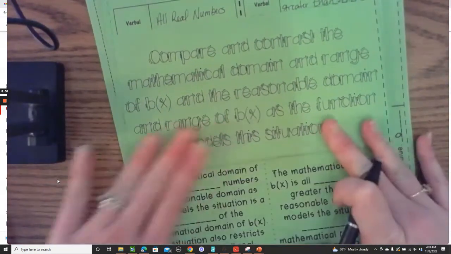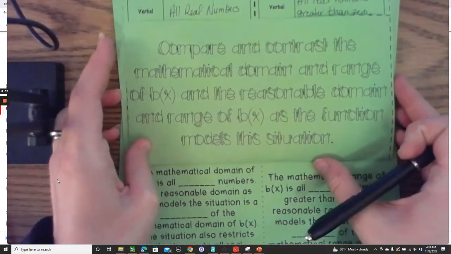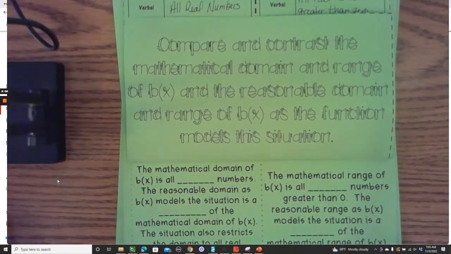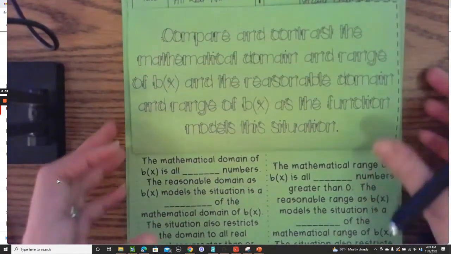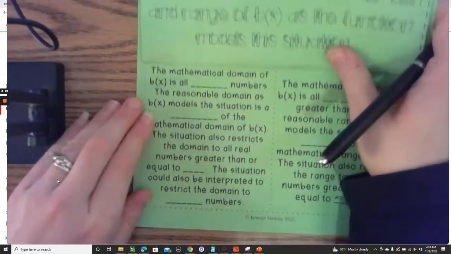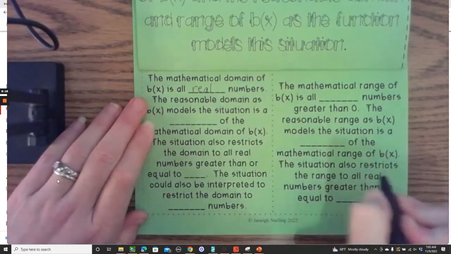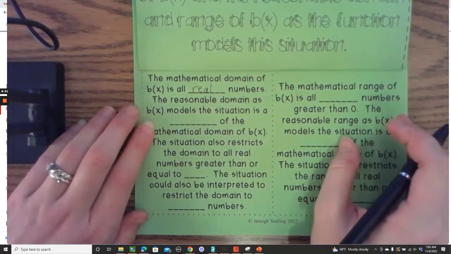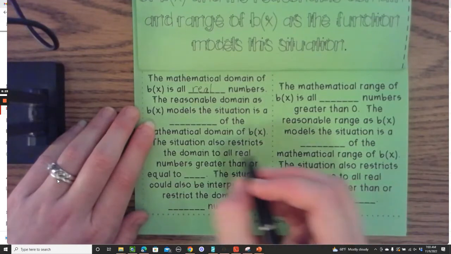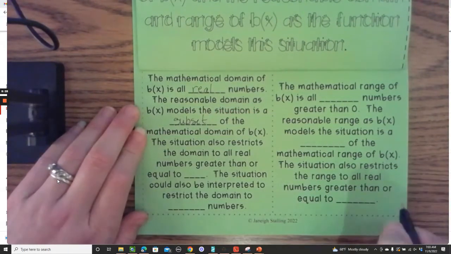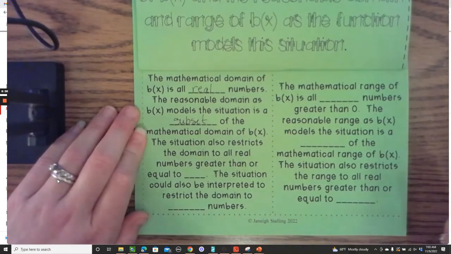All right, so to wrap this all up, compare and contrast the mathematical domain and range of b of x and the reasonable domain and range of b of x as the function models this situation. The mathematical domain of b of x is all real numbers. The reasonable domain as b of x models the situation is a subset of the mathematical domain. Whole numbers are a subset of real numbers.